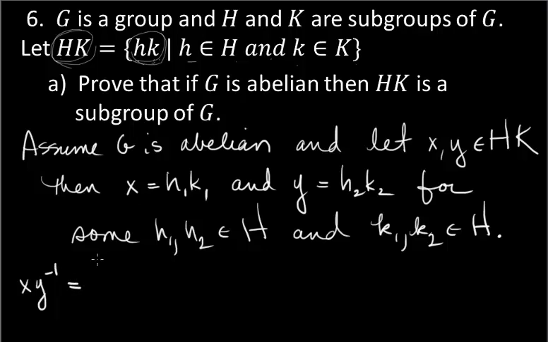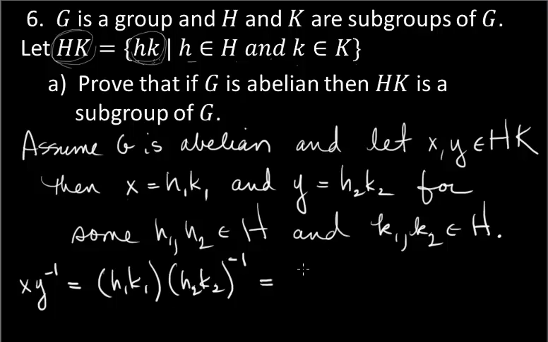Well, x was h1k1, and y is h2k2, and we want y inverse. But now, G is abelian, so you can write k2 inverse, h2 inverse, that's fine. But you could also just write h2 inverse, k2 inverse.